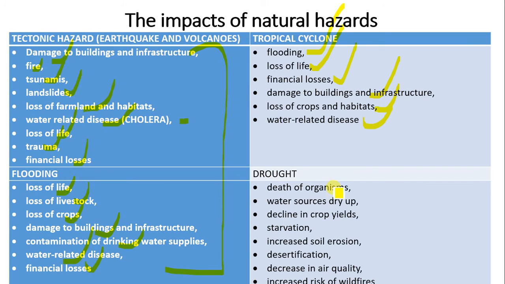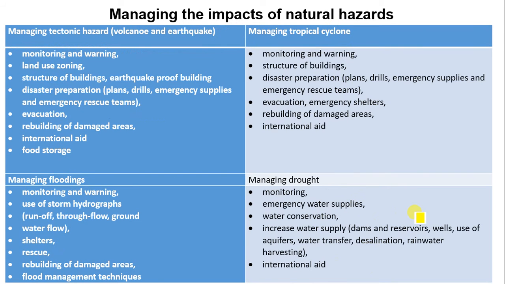Then droughts can lead to death of organisms, water sources drying up, decline in crop yield, starvation, increase in soil erosion, desertification. We have things like decrease in air quality and increased risk of wildfire.